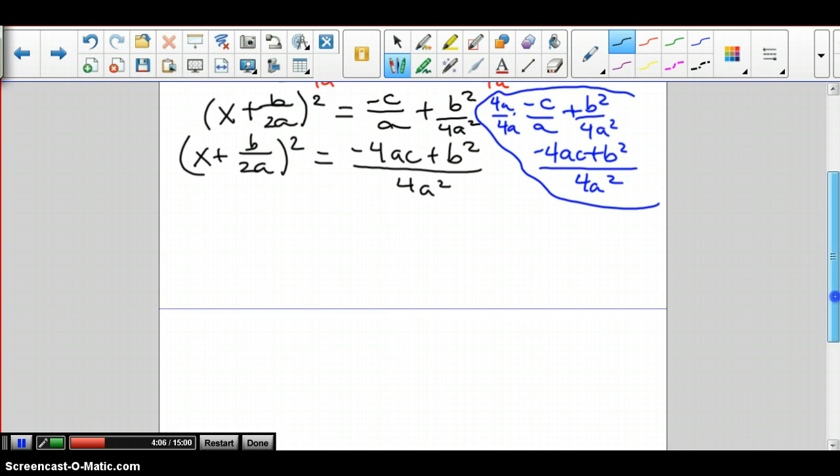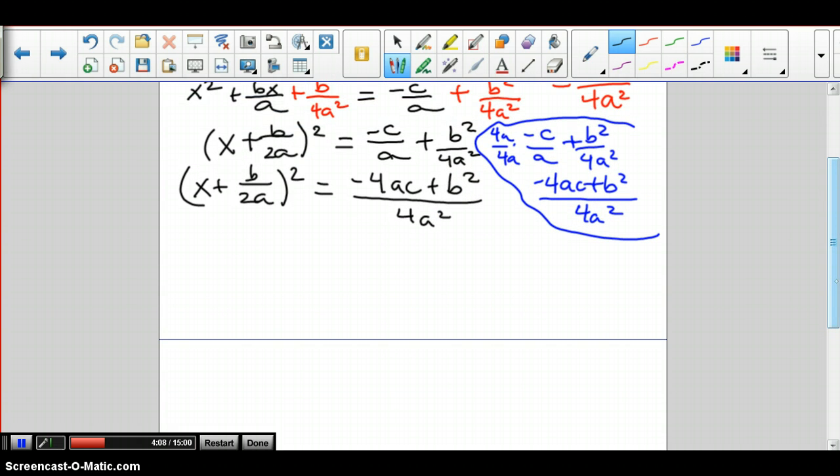Keep hanging on, guys. Almost there. Now let's square root both sides. Since we have that square on the left side, on the left we have x plus b over 2a equals, and remember, we can't take the square root of each individual term. What we can do is take the square root of the top divided by the square root of the bottom.